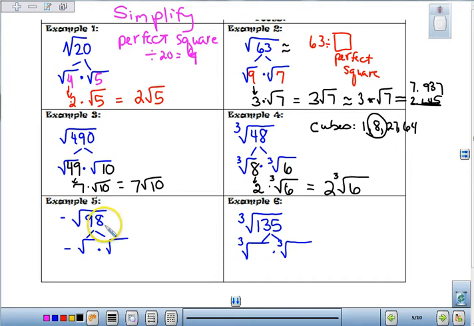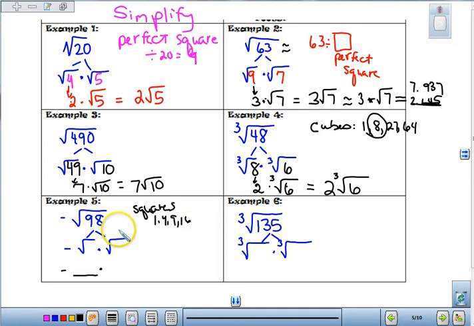I would like right now for you to try, when you come into class, a negative square root of 98, and all that really means is that our answer will be negative. Look at your list of perfect squares. So think about your squares. 1, 4, 9. What divides into 98?